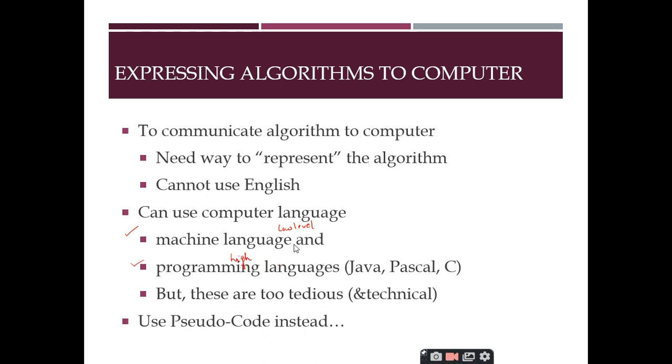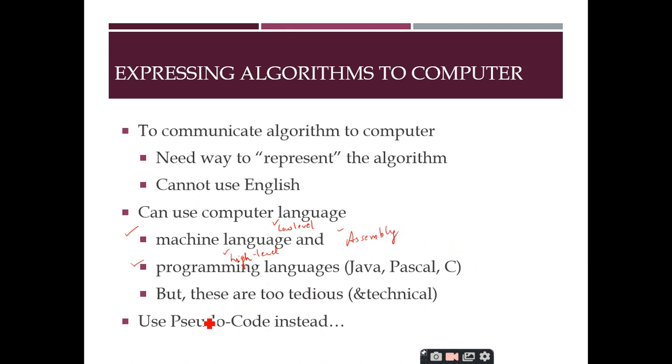In between these low level and high level languages, we have another category called assembly languages. So these are the three categories of programming languages: low level, assembly and high level. These programming languages help the user to communicate with the computer.